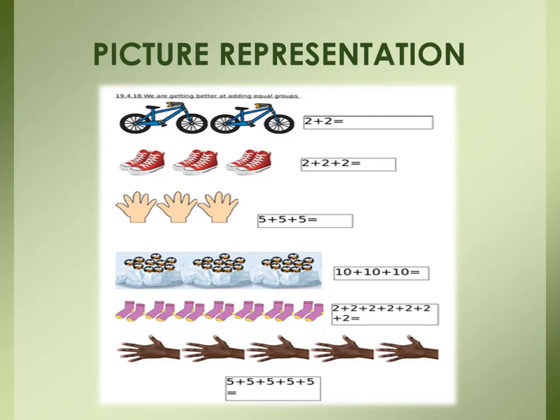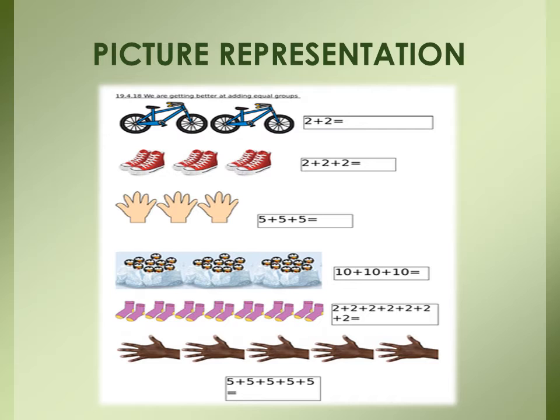Each pair has 2 shoes. So in the first picture we will have 2 plus 2 plus 2. Students, whatever the answer is, we will discuss it in the next class. Kindly note it down.